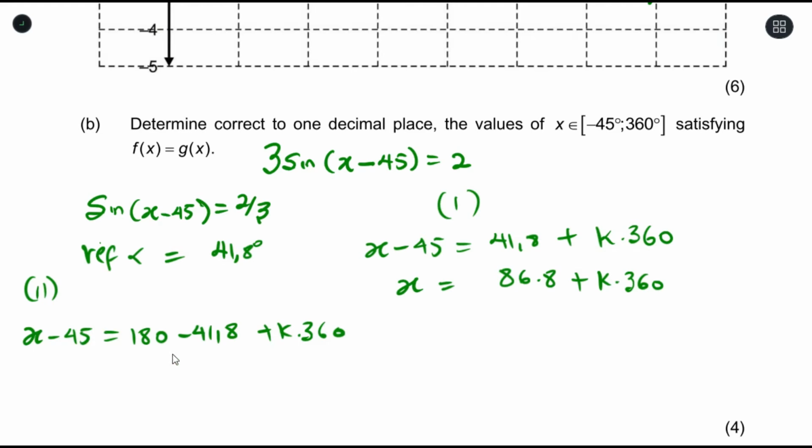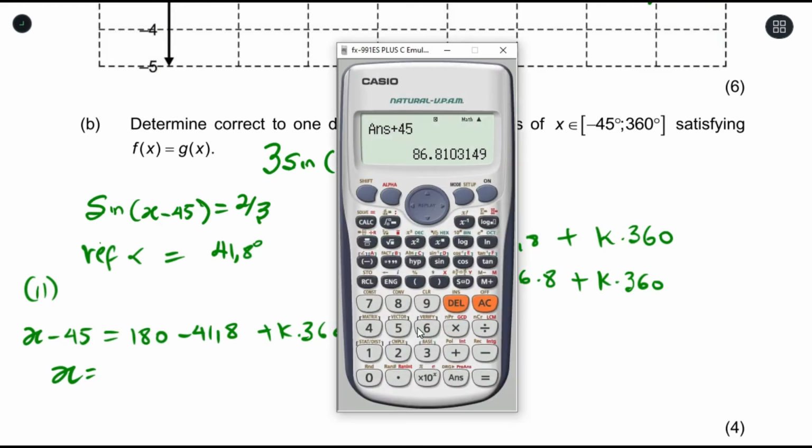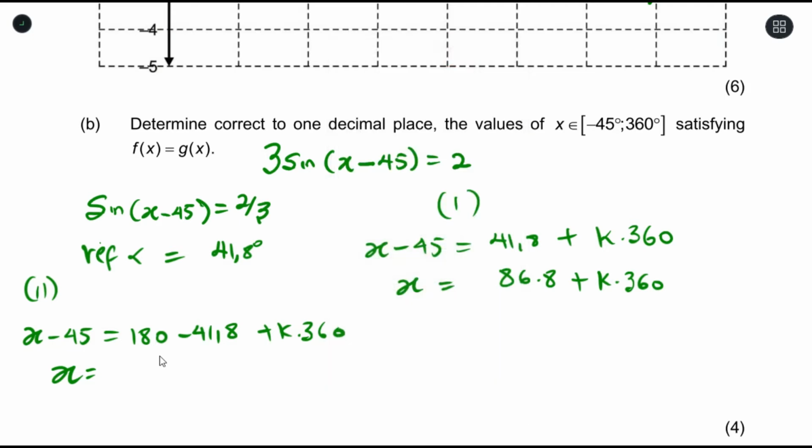So we just need to substitute this in there. You're going to get x is equal to 180 minus 41,8, then add 45. Okay, so this is 183,2. So this will be 183,2 plus k360.